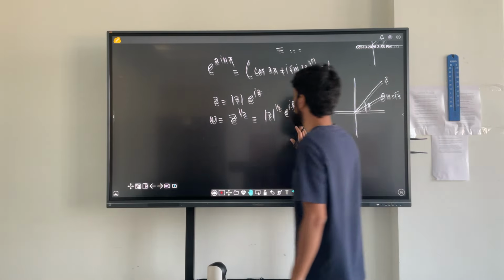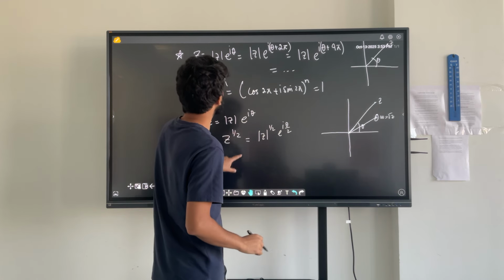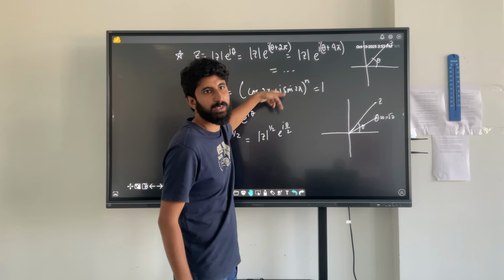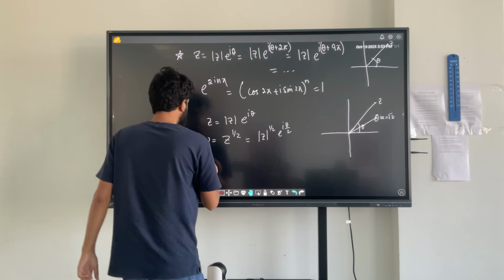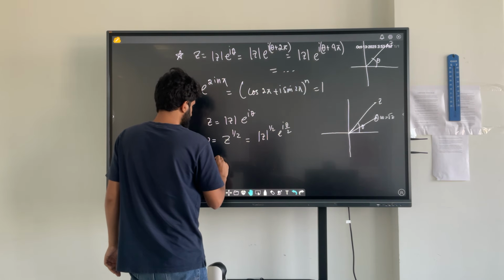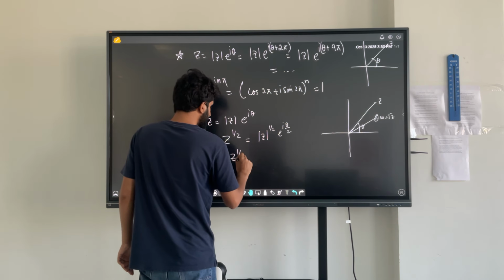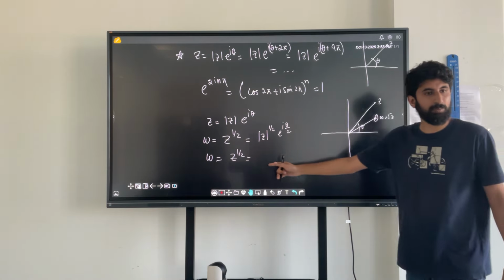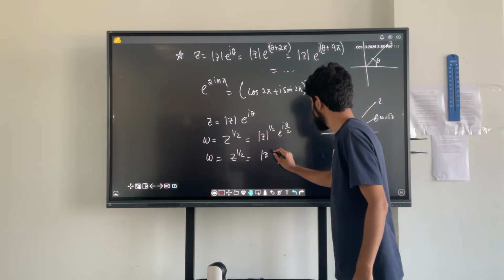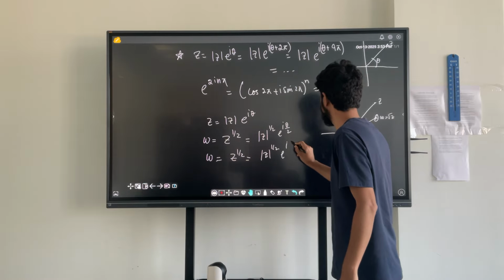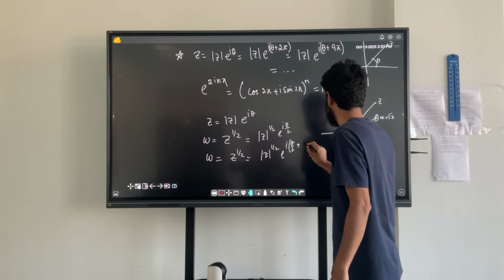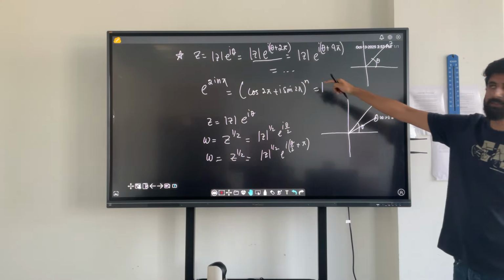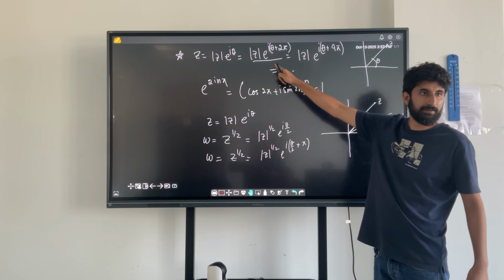Good. Now, what if somebody takes a different representation? Let's see what he gets. He is doing the same operation, but he is using the representation with plus 5 added to the angle.